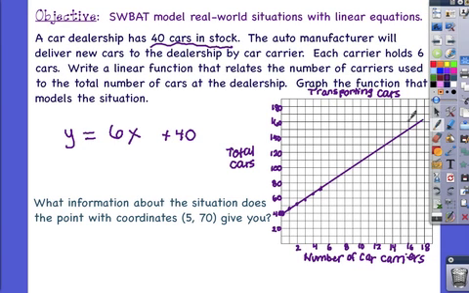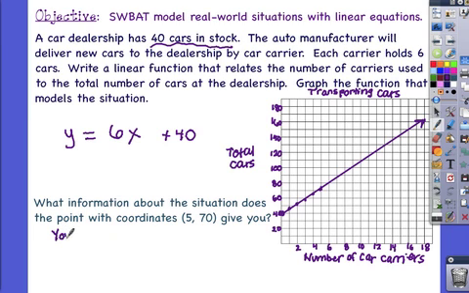And I can put an arrow that shows even if I bring more car carriers than 18, it will continue to increase the total number of cars in stock by 6. What information about the situation does the point with the coordinates 5, 70 give you? Well, 5 is our x-coordinate, which represents the number of car carriers, and 70 represents the y-coordinate, which is the total number of cars in stock.